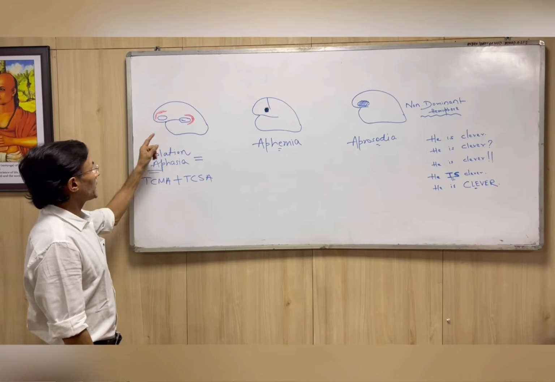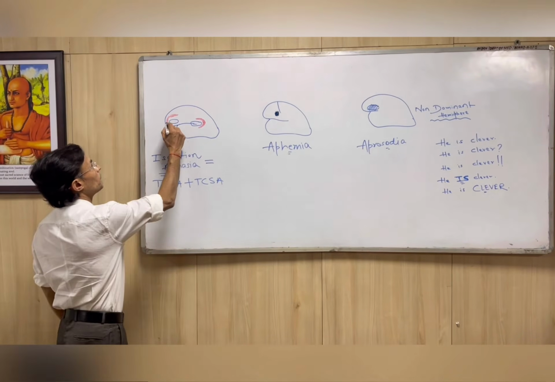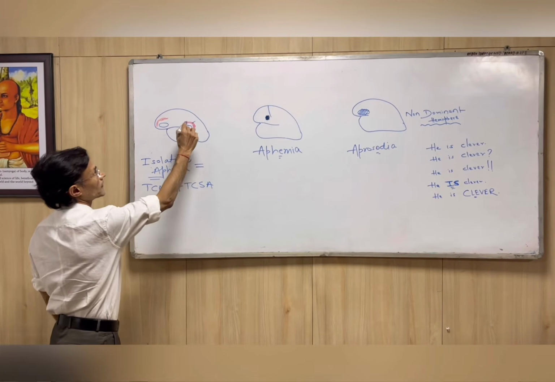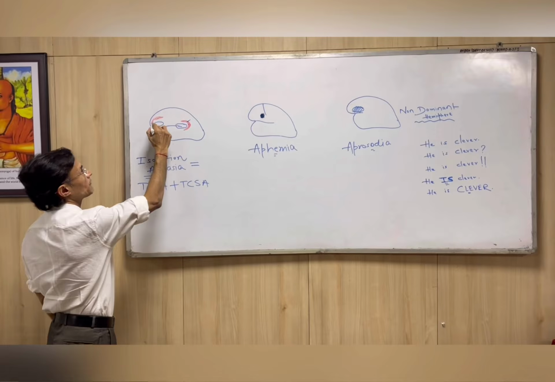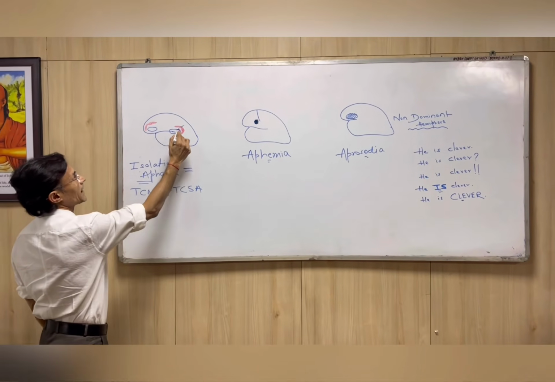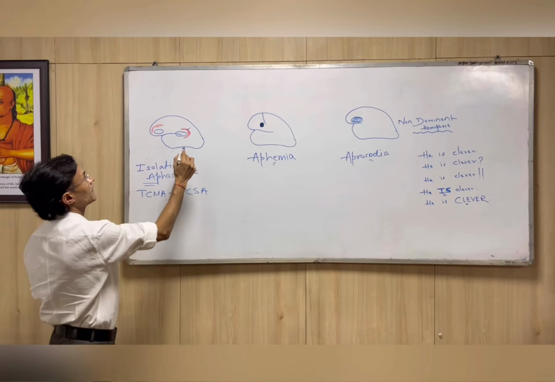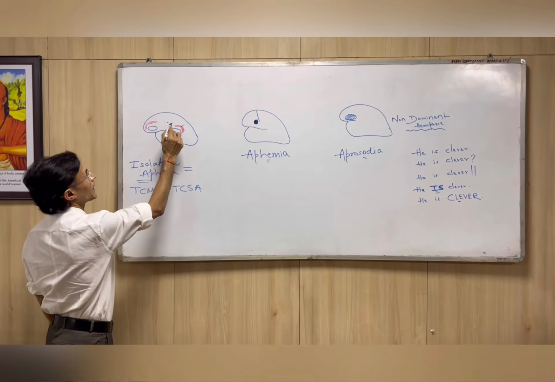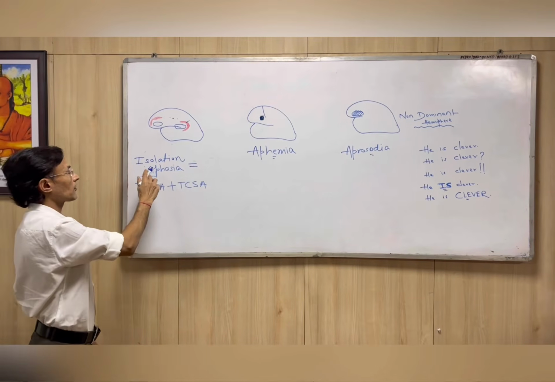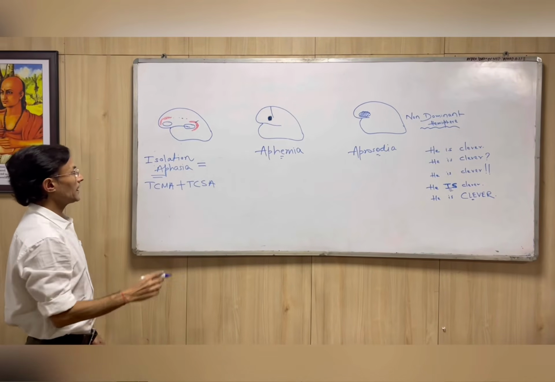So in total, if there is damage to the complete association areas, including the transcortical sensory part and the transcortical motor part, that is anterior to Broca's area and posterior to Wernicke's area, this complete syndrome, this complete speech disorder, will be known as isolation aphasia.